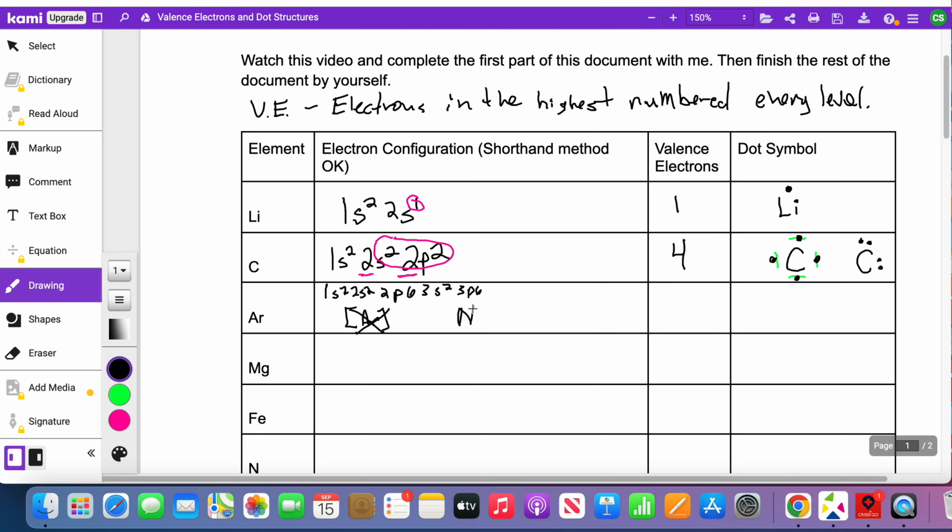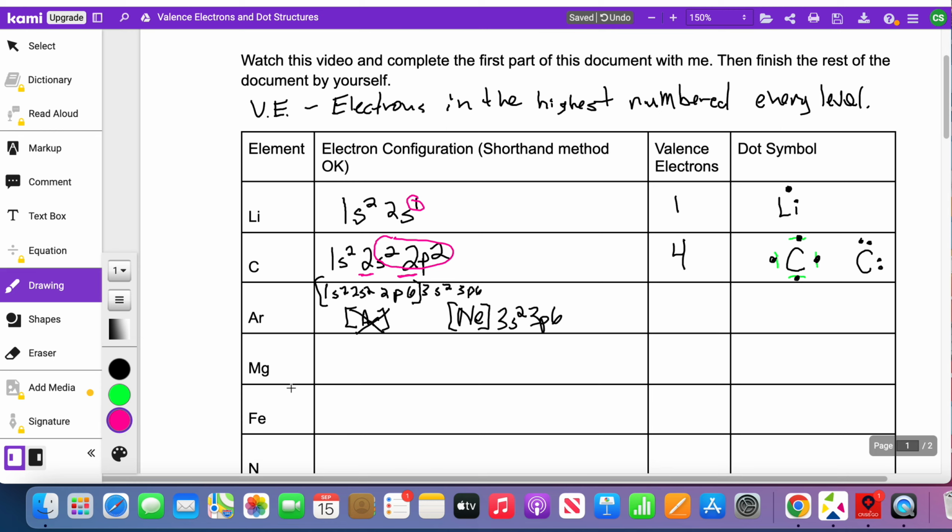So you would have to put neon in brackets. That means neon's electron configuration, which is all the way to 2p6. And then you would just go from neon, 3s2, 3p6. That's the shorthand way for argon.